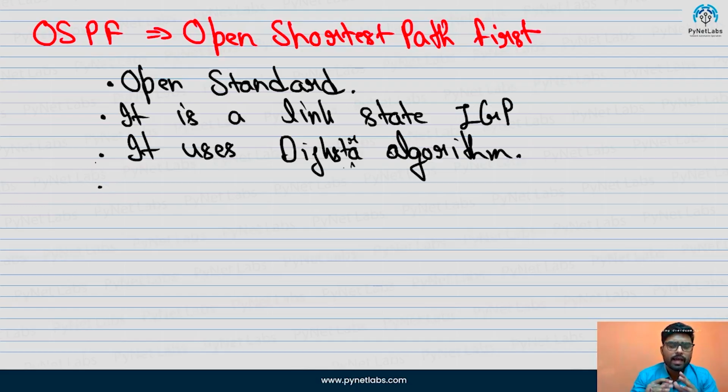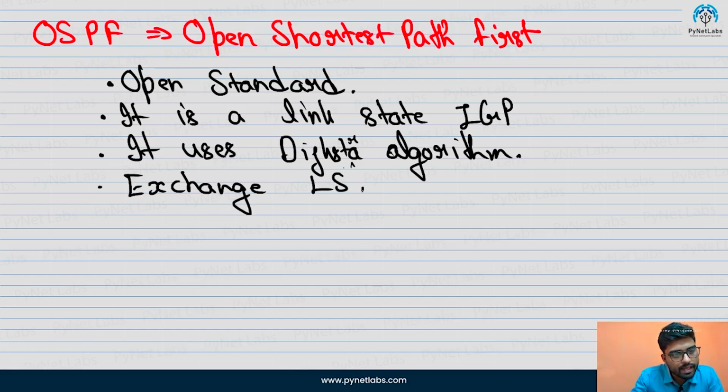This protocol, like every routing protocol, creates one topology table, and that topology table contains all the routes of the entire topology. In order to create that topology table, OSPF exchanges one message that is known as LSAs. LSA stands for link state advertisement.